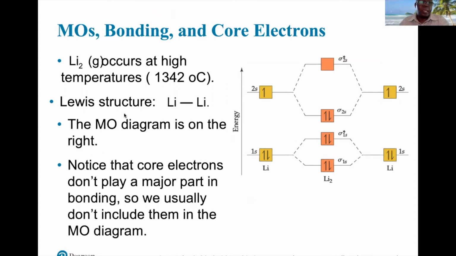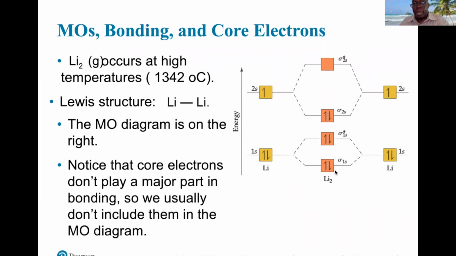Using lithium, assuming that we have Li2, we can write the electron configuration for each lithium. For a molecule such as Li2, 1 electron is coming from each, and these 2 electrons will occupy the bonding orbital.